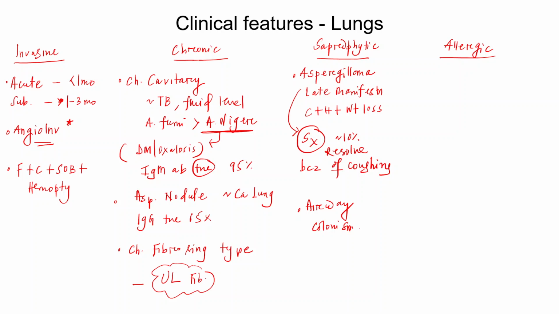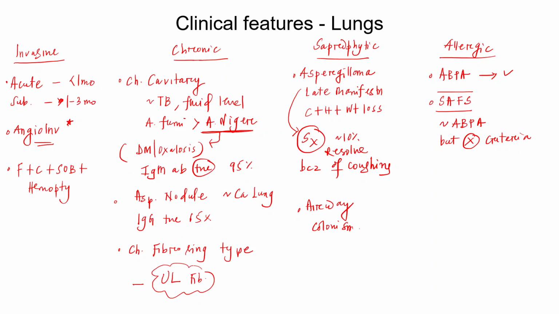Coming to the allergic variety of infections, this includes ABPA, allergic bronchopulmonary aspergillosis. This I'll be discussing in detail in the next slides. Then we have severe asthma with fungal sensitization, SAFS. This is actually very much similar to ABPA, but not meeting the criteria of ABPA.